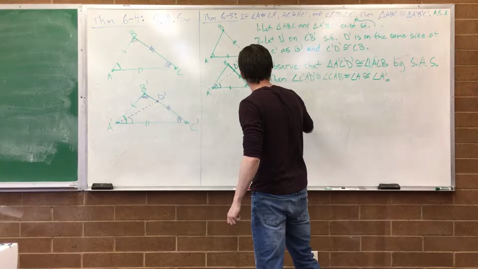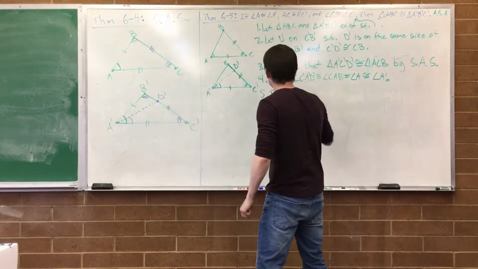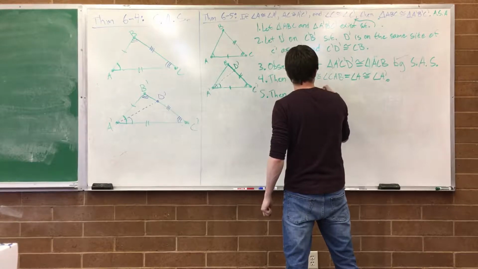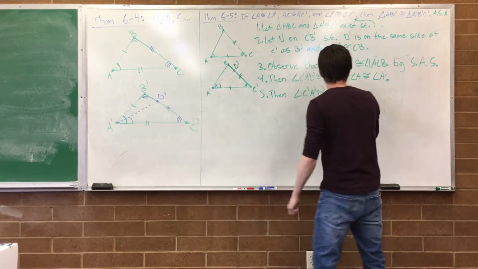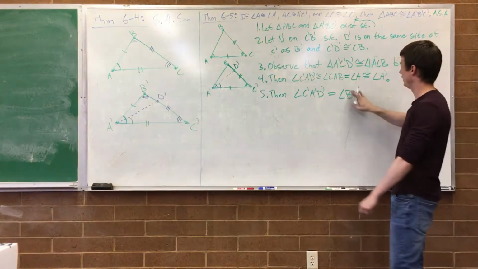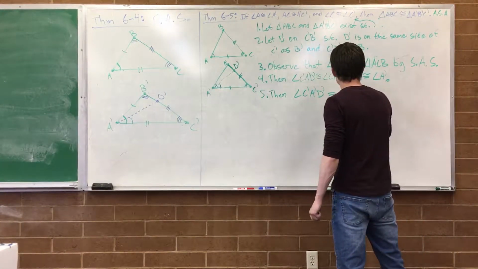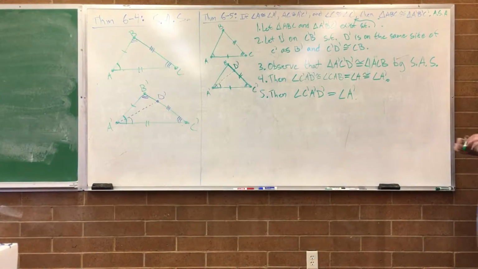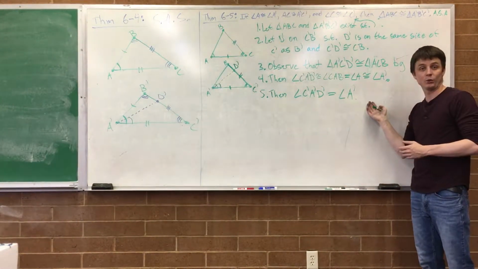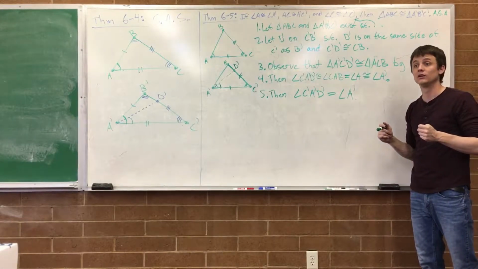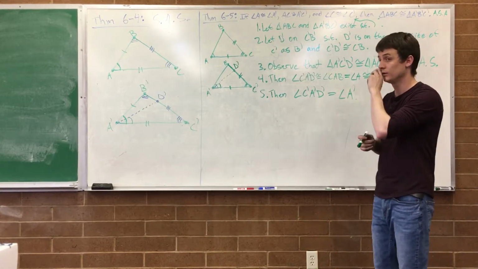Then angle C prime, A prime, D prime is equal to angle A prime, sorry. And we know that because, why? Angle C prime, A prime, D prime is congruent to angle A.